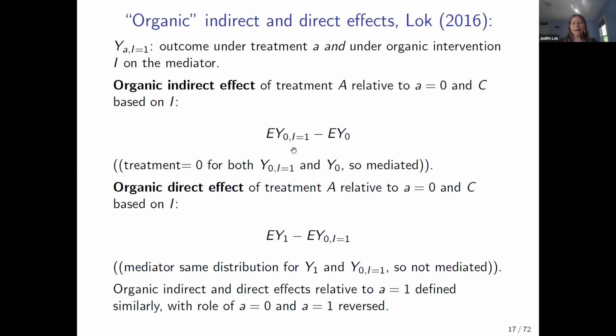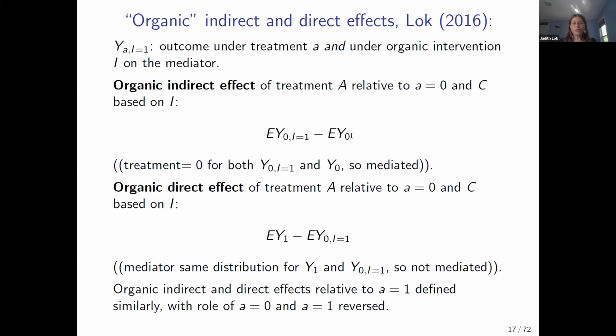The indirect effect: here the mediator is equal to M0 because these people are not treated. These people have the intervention I equal to 1, they're also not treated, but their distribution of the mediator is the distribution of M1 due to the intervention I. So here the distribution of the mediator is M1, and here the distribution of the mediator is M0.